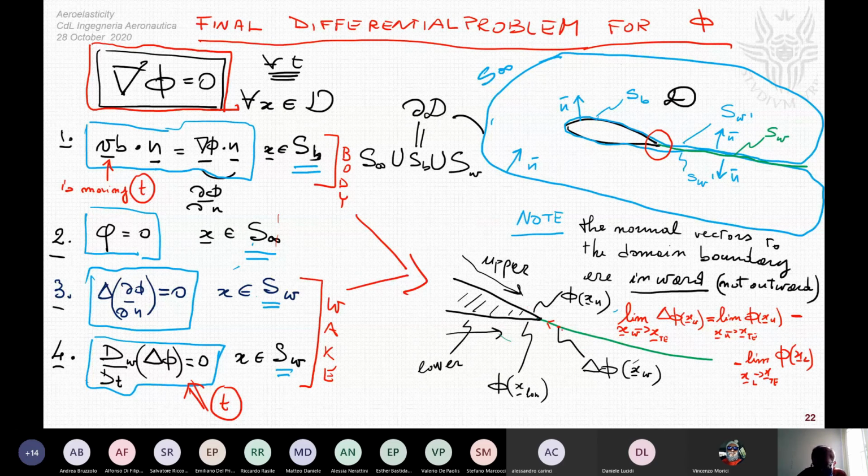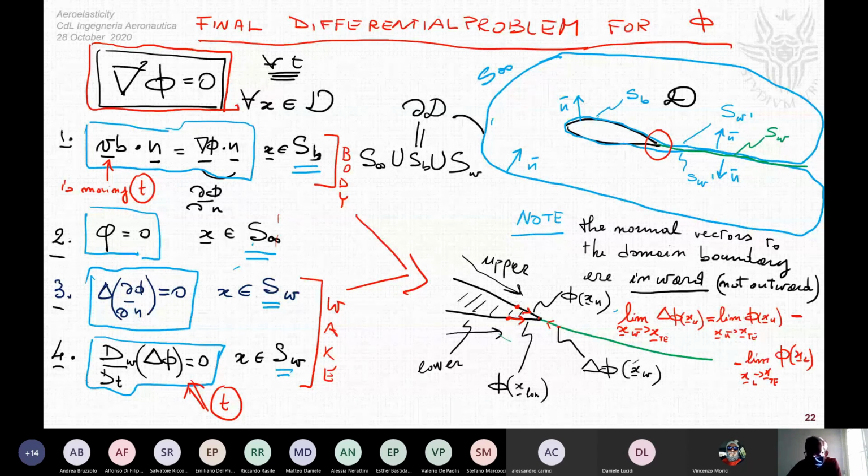And what about this condition? We are saying that if you from here move toward this direction, and from here to this direction, you have that the jump of phi upper minus lower is exactly the wake jump going toward the trailing edge point. So this is something like a regularization of the solution, connecting the solution of the body with the solution of the wake.